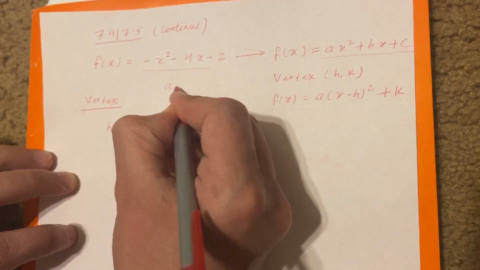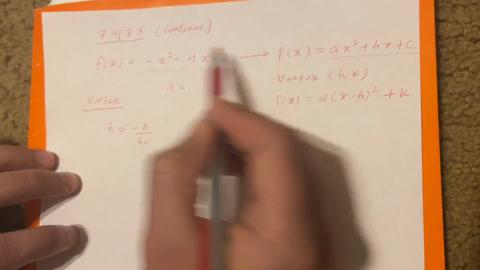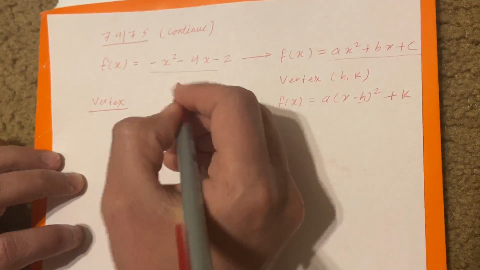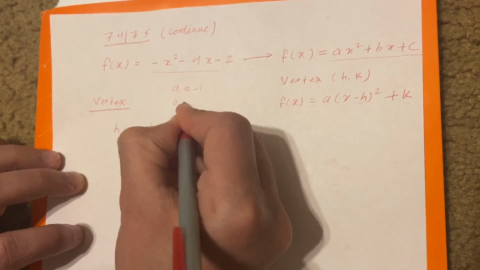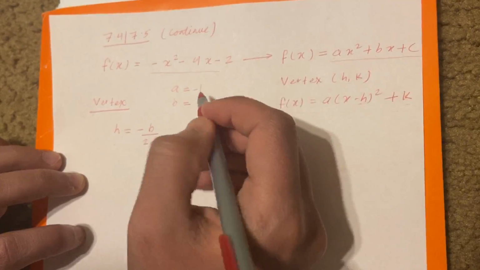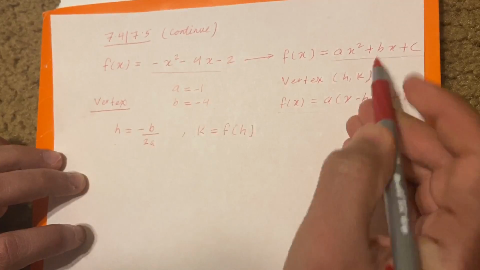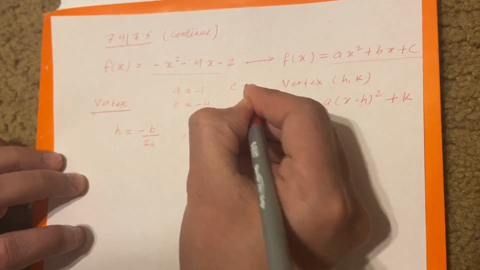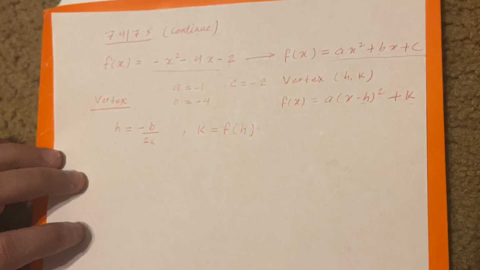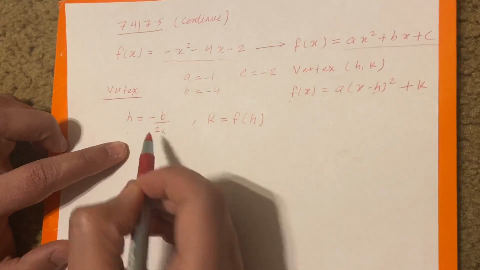So a is -1, right? Because it's negative here. So -1. B is -4. And c is -2, right? But in this case, we just need b and a.